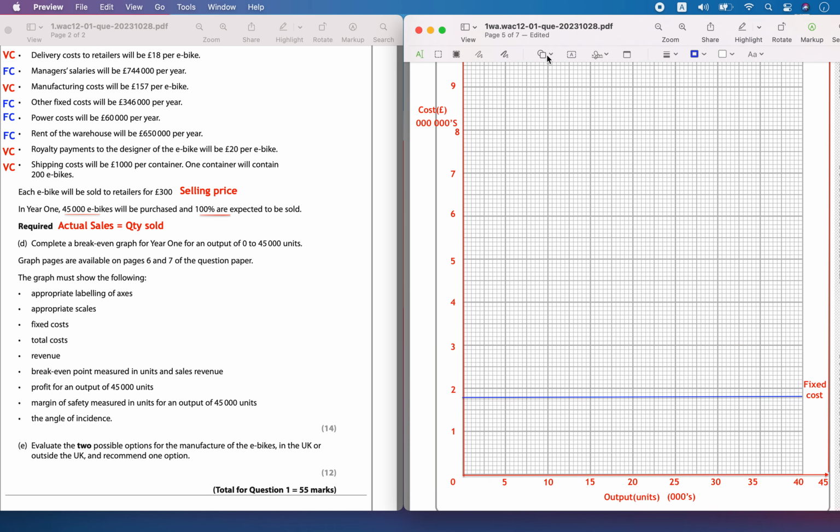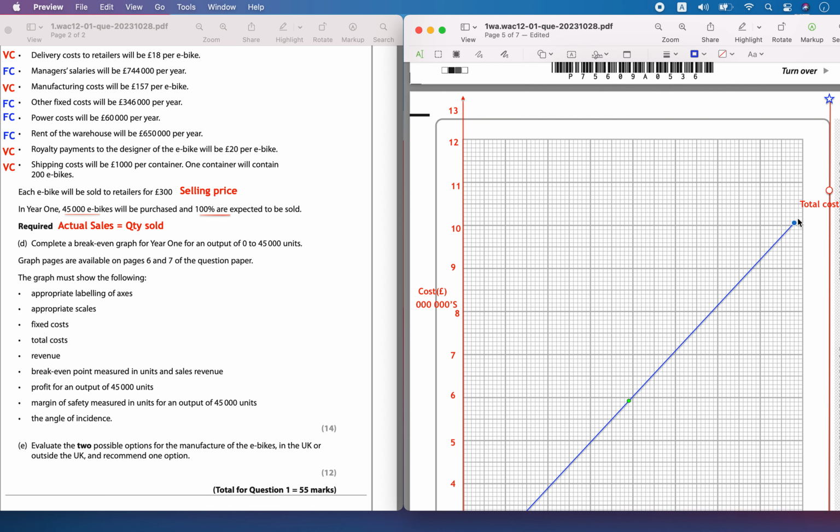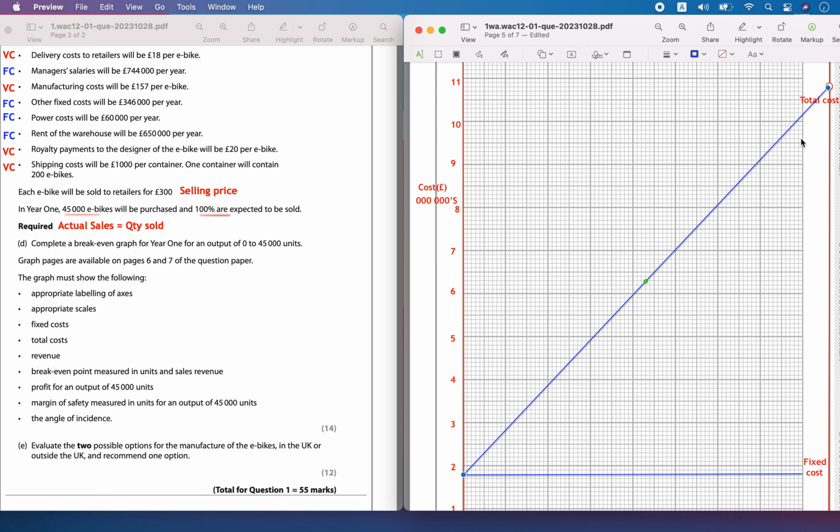Now let's draw the total cost. The total cost is going to start at 0 units, at least the fixed cost will be there, and at 45,000 it's going to be around 10.8. So this is the total cost line.